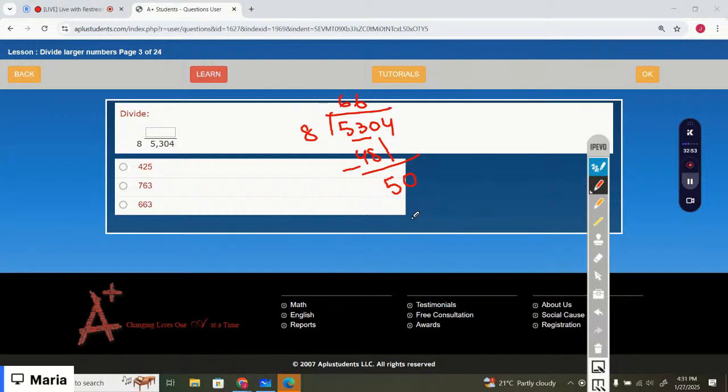8 times 6 is 48. 50 minus 48 is 2. Bring the next digit down, that is 4. So 8 times 3 is 24. 24 minus 24 is 0.